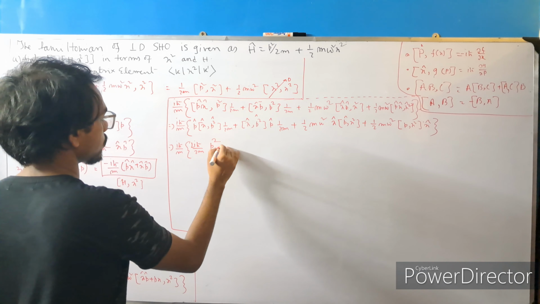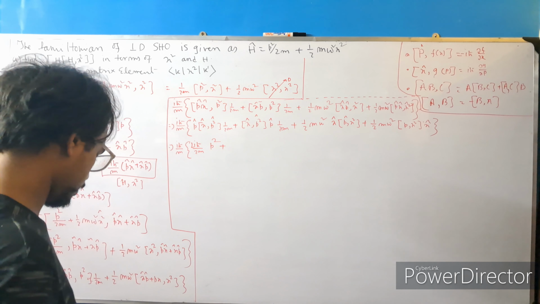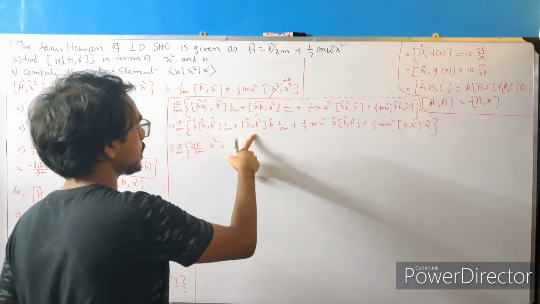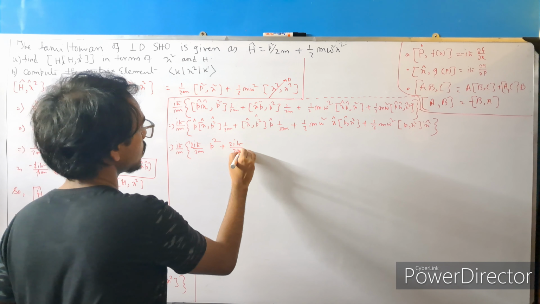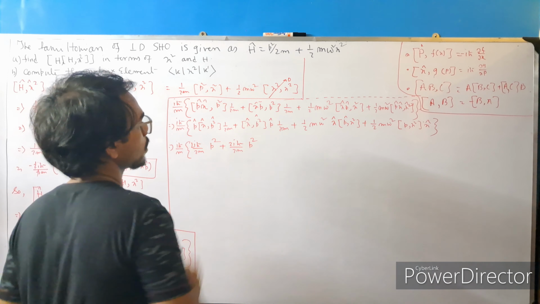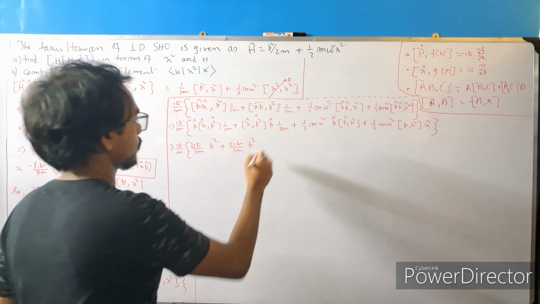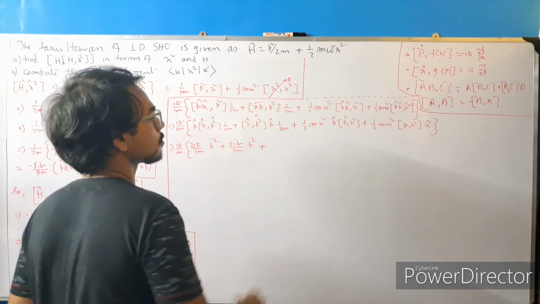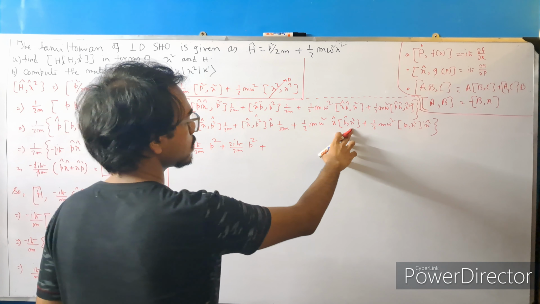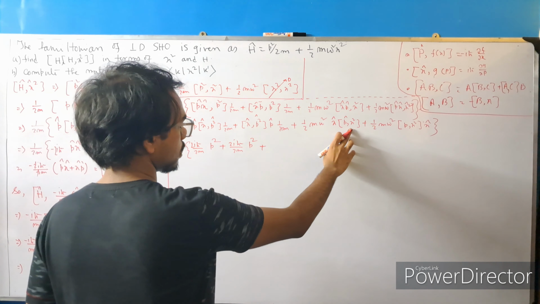Plus, the same thing will happen here also. 2 i h cut by 2m, I will get a p square, plus, now this will give me a minus i h cut.